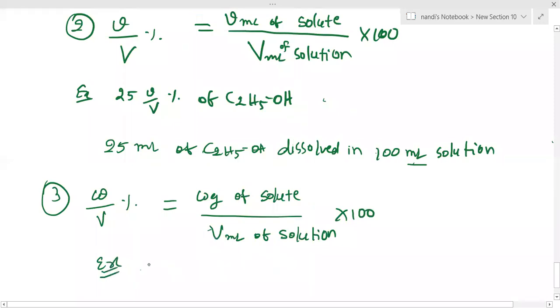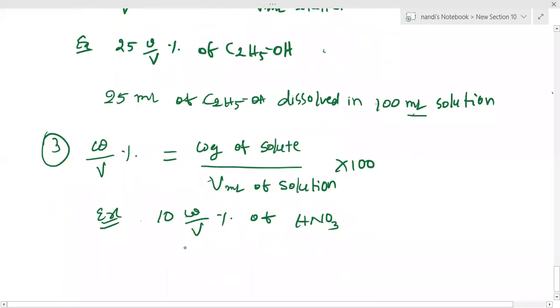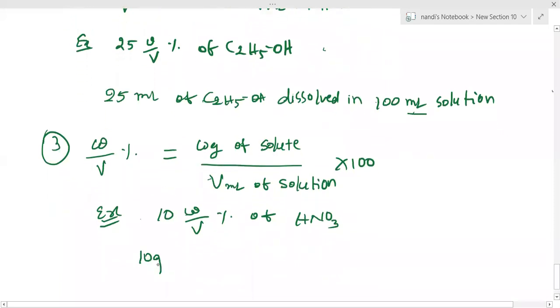Example: 10 W by V percent of HNO3. Can you write the meaning of this one? So 10 grams of HNO3. They don't write 108, this is 10 grams, sir. 10 grams of HNO3 dissolved in 100 ml of solution.